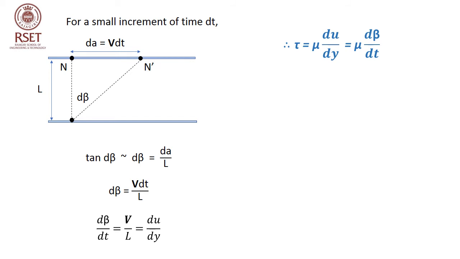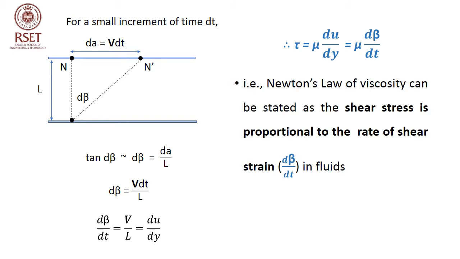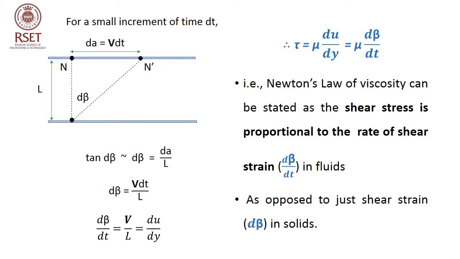So from here, Newton's law of viscosity defines that shear stress is proportional to rate of shear strain in the fluid. It's entirely different from solids. In the case of solids, according to Hooke's law, shear stress is directly proportional to shear strain. But for fluids, according to Newton's law of viscosity, shear stress is proportional to rate of shear strain.